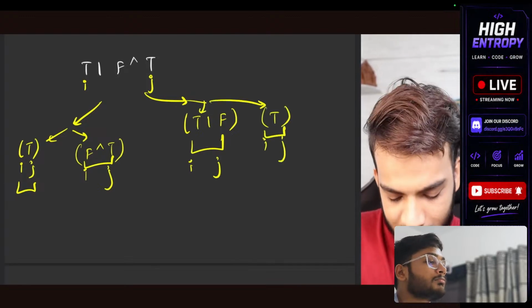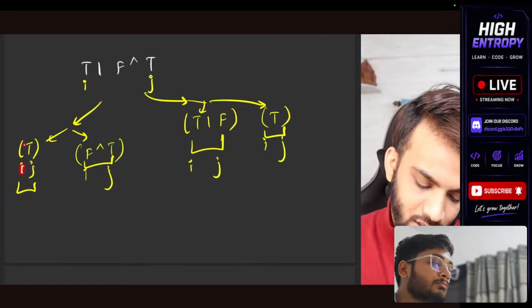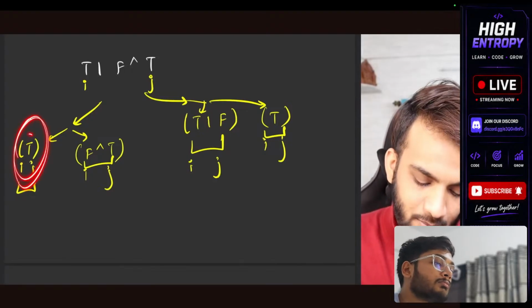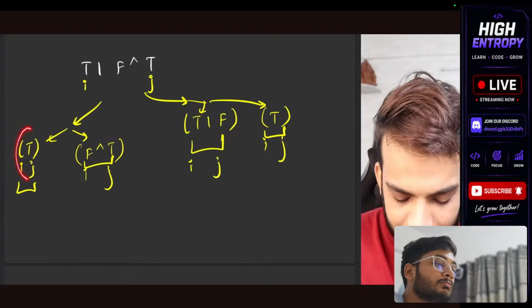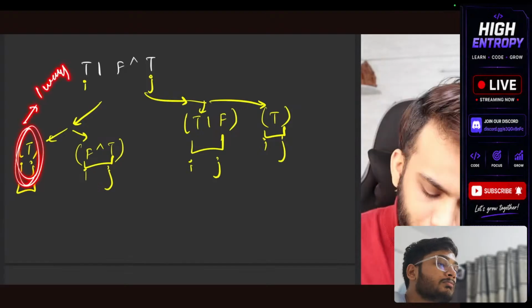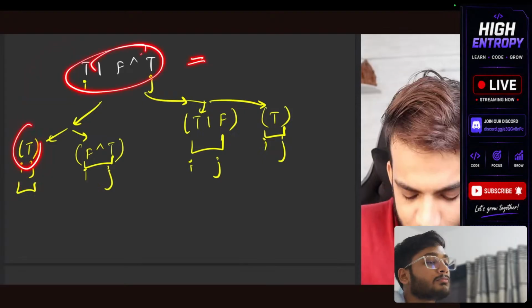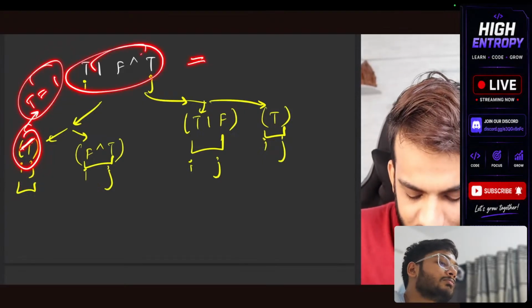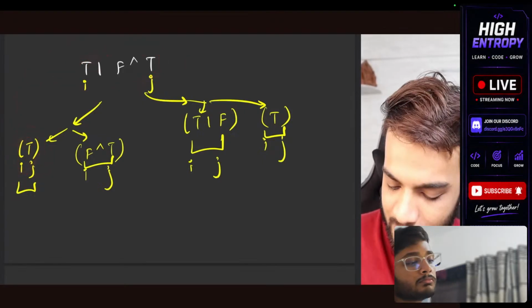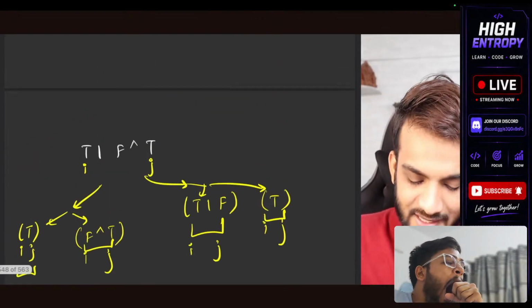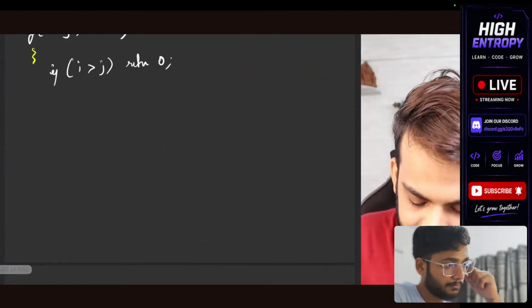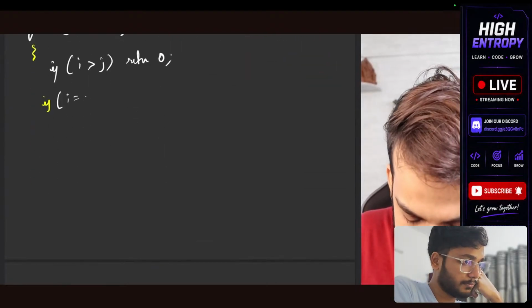Now tell me one thing. If this is a subproblem where i and j are the element itself, what will this give? This will give one way to make it true, since I was looking to make this true, because i is equal to j and it was true. Similarly over here, a single element, this will also give you one way. So can I say if i is equal to j, then that is when I can say it's an end.